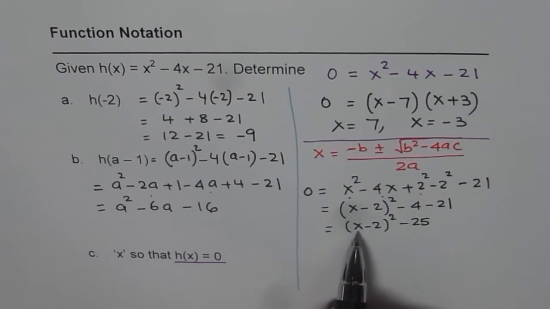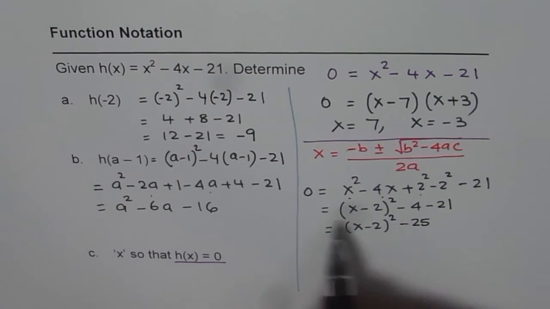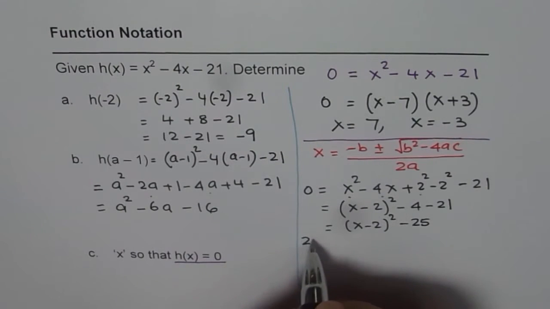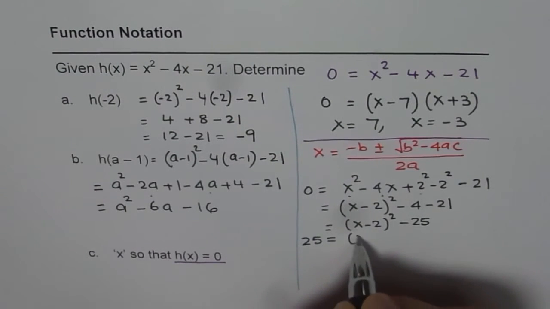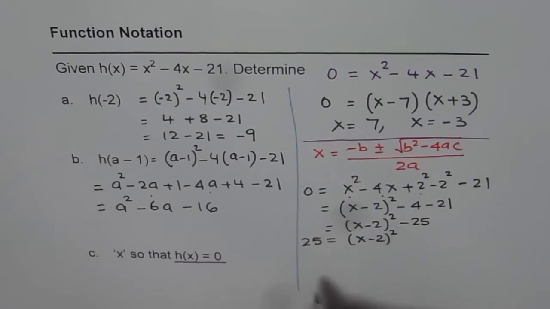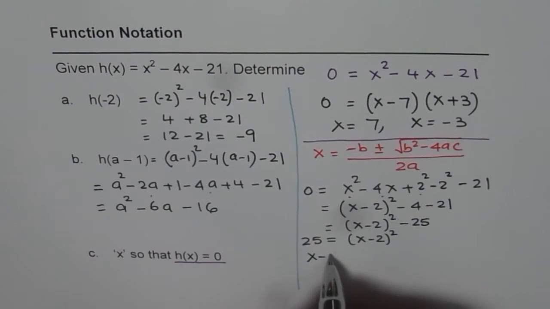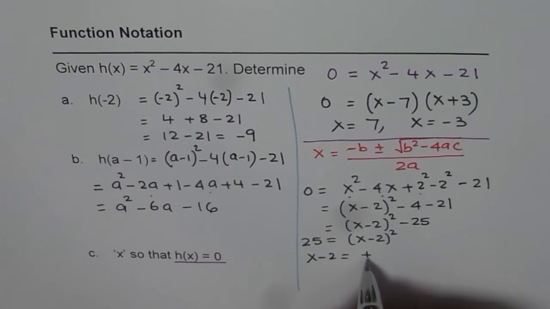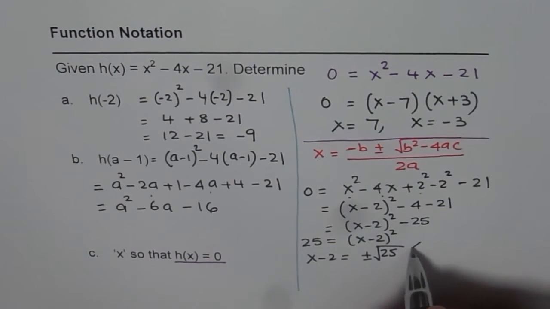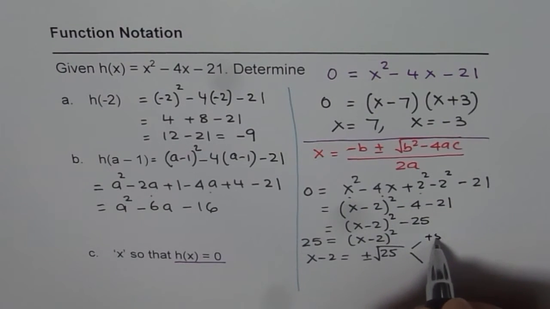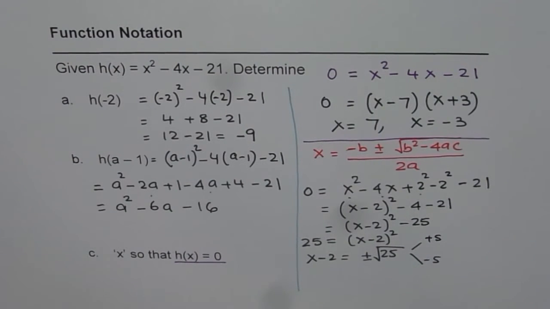And from here we can find the x value, bringing 25 to the left side. So we have 25 equals x minus 2 whole square. Square root of 25 is x minus 2. Let me write it like this: x minus 2 equals plus or minus square root of 25. That gives us two values, which is plus 5 or minus 5.